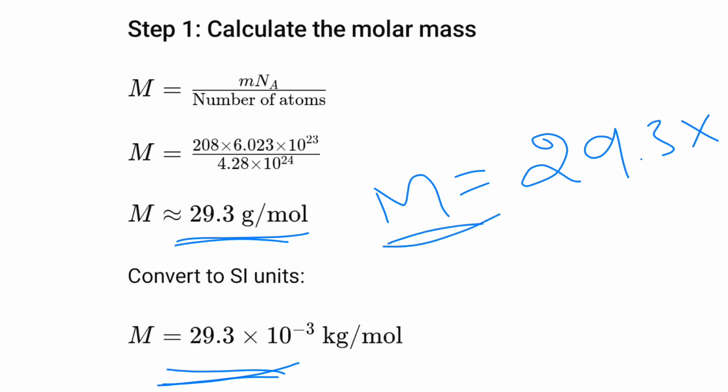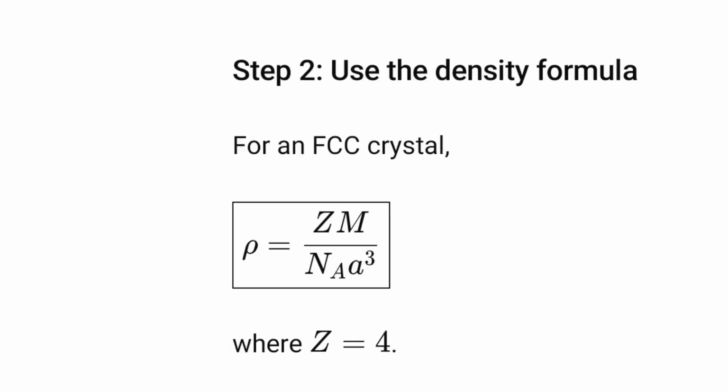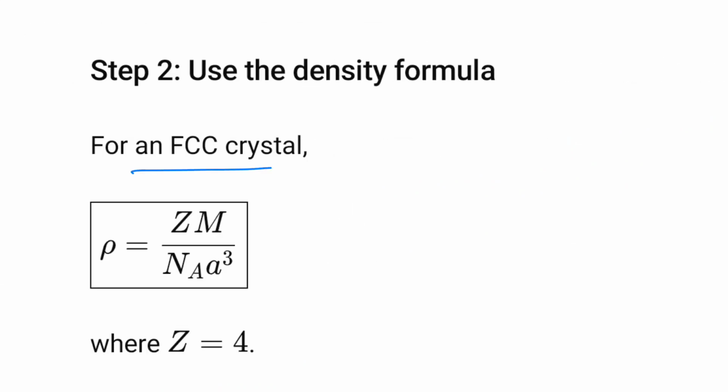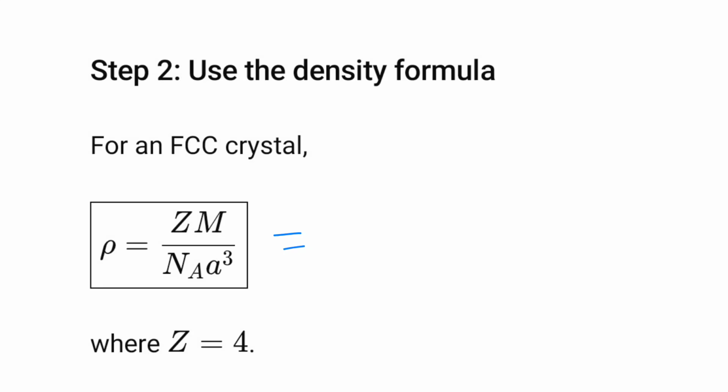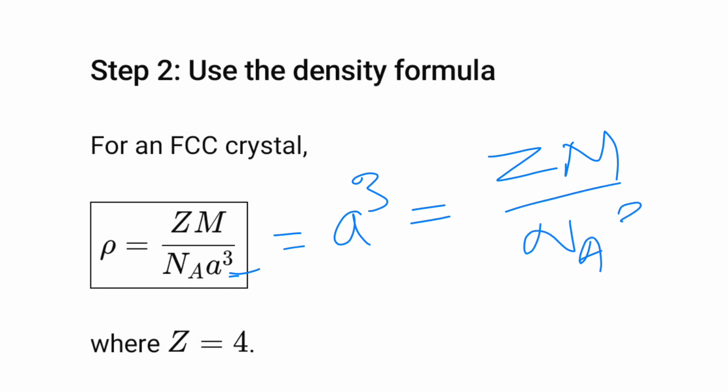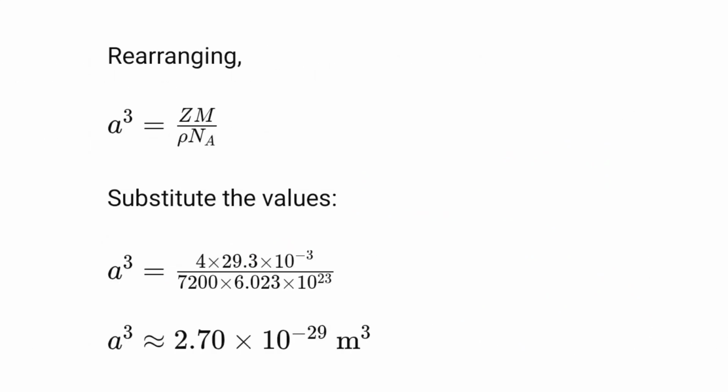Now we have to substitute in the formula. Before we substitute, we find the edge length: a cube equal to ZM by Na rho. Z is 4, molar mass is 29.3 into 10 raised to minus 3, and we substitute Na and rho.